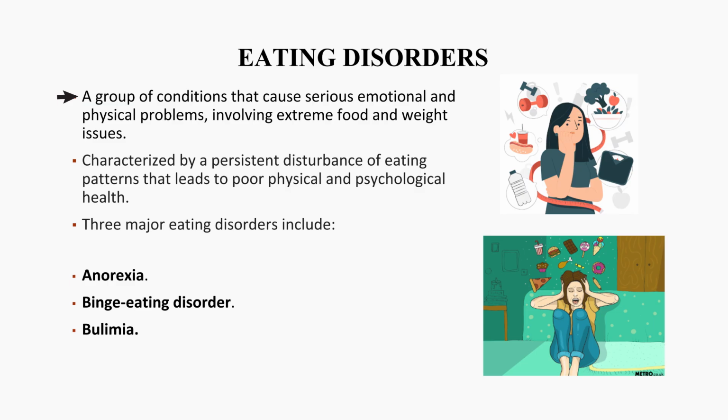Eating disorders are also treatable, and eating disturbances are characterized by a persistent disturbance of eating patterns that leads to poor physical and psychological health. The three major eating disorders are anorexia nervosa, binge eating disorder, and bulimia nervosa.